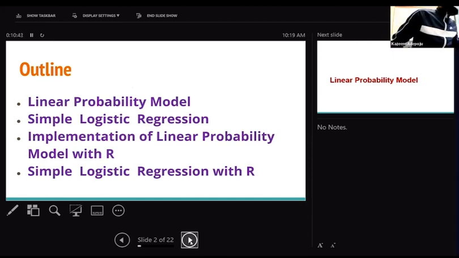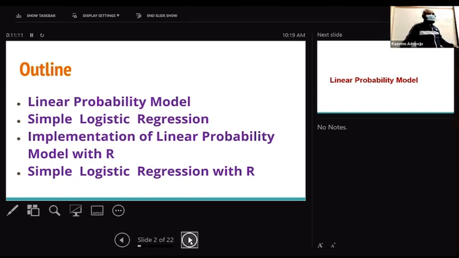But there's a problem with the linear probability model, and that is the reason why we go for logistic regression. I'm going to show you today the problem encountered when you attempt to use linear regression for a categorical response, because that is not appropriate.